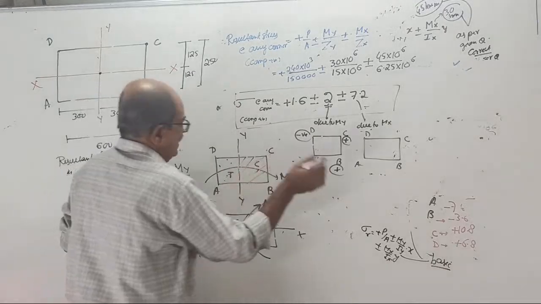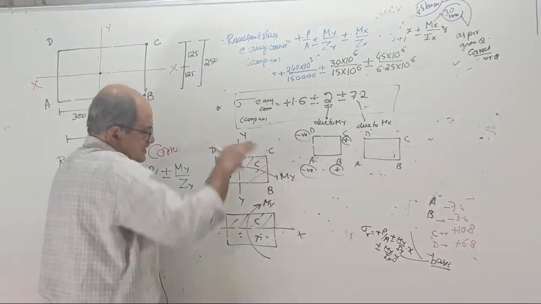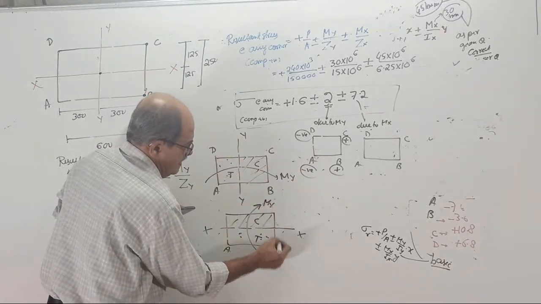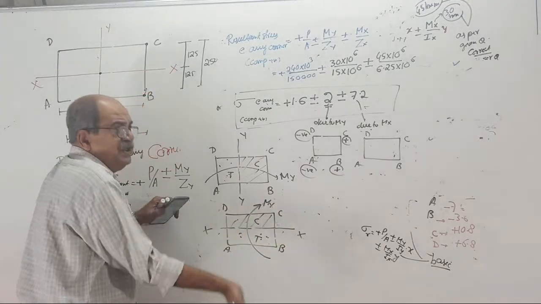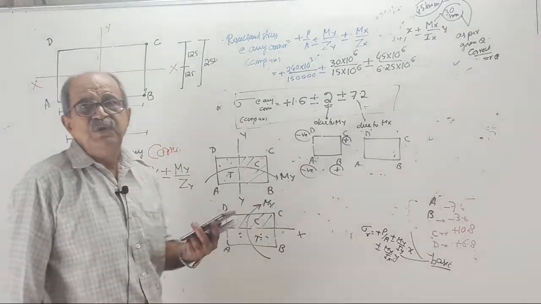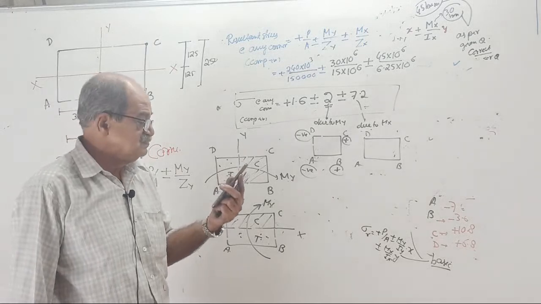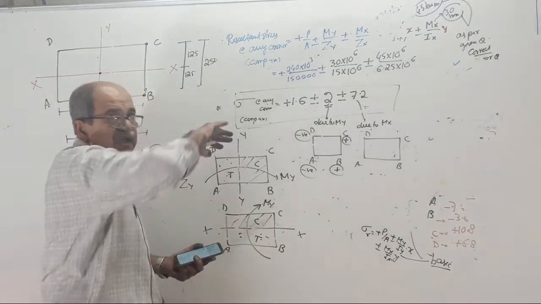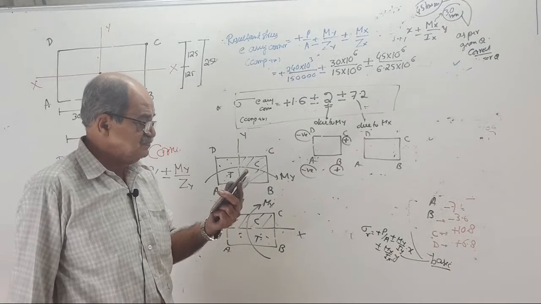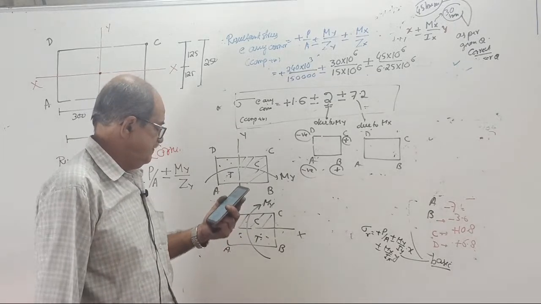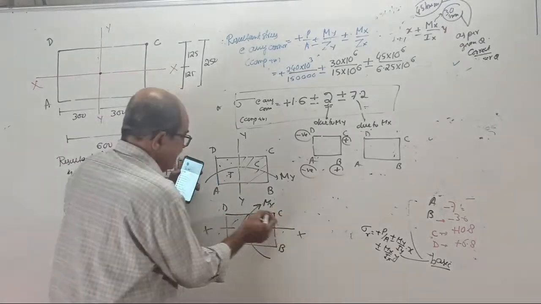Now tell me, when I use Mx, A, B, C, D, which two corners are positive? C and D, these two.